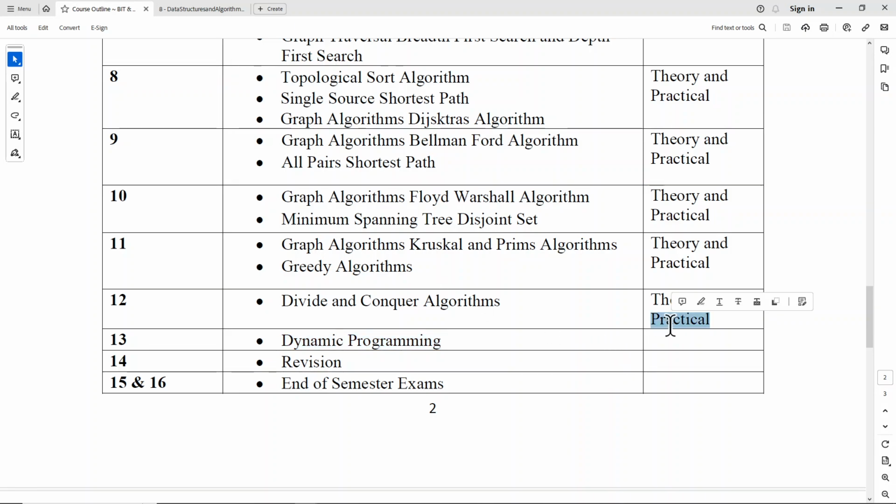Now, for the practical, we are going to be using an IDE which is open source, which is called VS Code or Visual Studio Code.